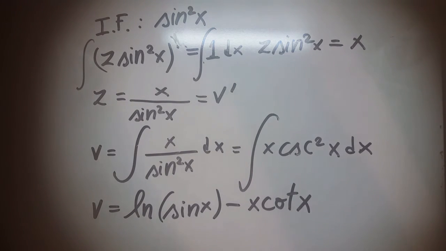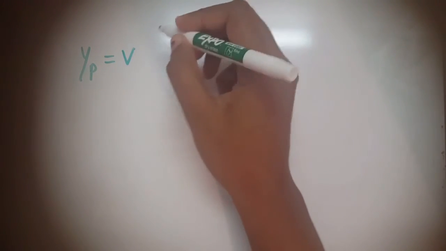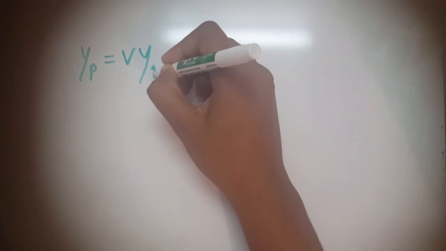Okay, now we can finally find our y sub p. Does that show up? Yes, it does. So I can find our y sub p, which would be our function v that we just found, times our y sub 1, which was sine of x, if you recall.